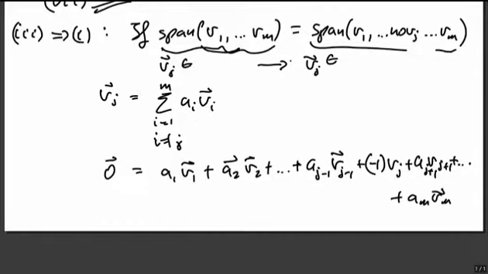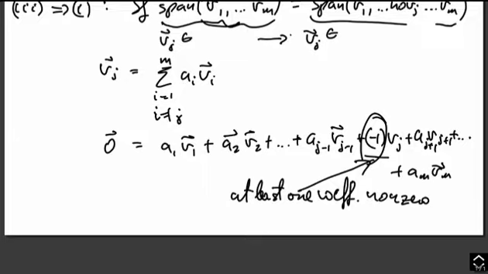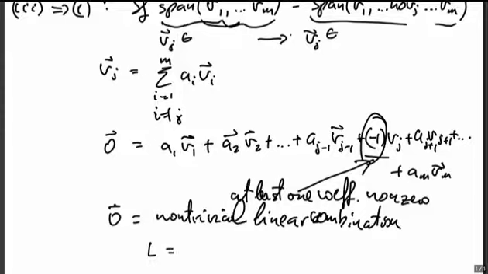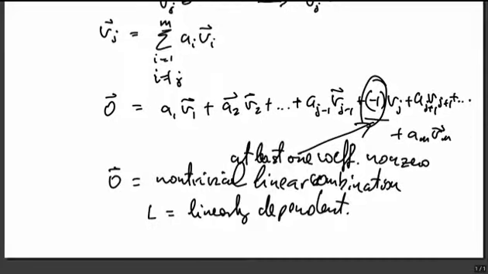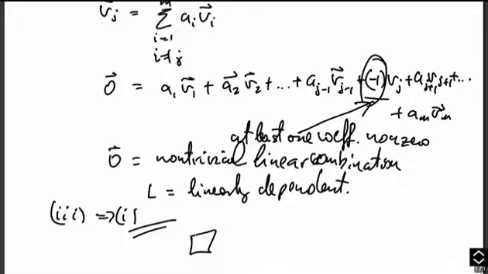And since at least one coefficient is not 0, that means this is a non-trivial linear combination, and if a non-trivial linear combination of a list gives you the 0 vector, that means this list is linearly dependent. So this finishes the proof of 3 implies 1, and then this finishes all the equivalences of the three statements.